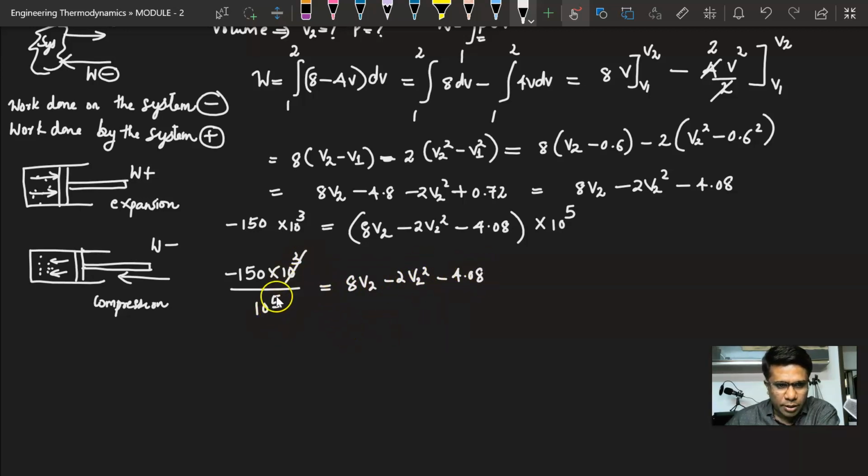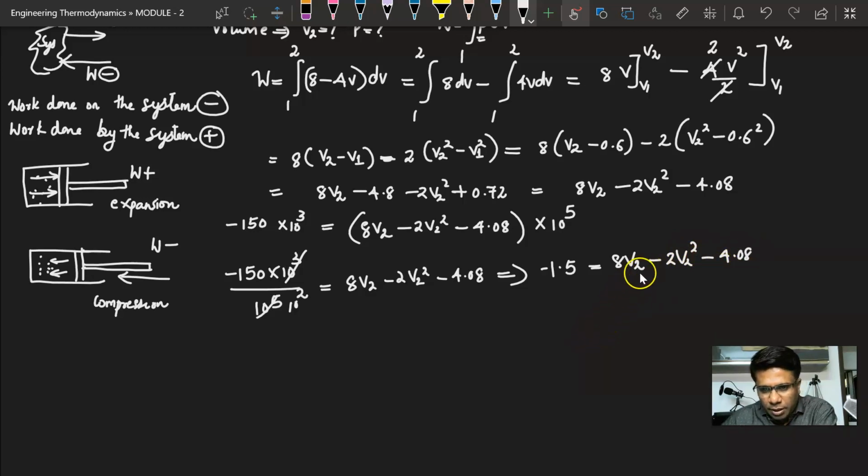So here it will be 10 raised to 2, and therefore this equation will become 150 divided by 100. Therefore it will become minus 1.5 is equal to 8v2 minus 2v2 square minus 4.08.